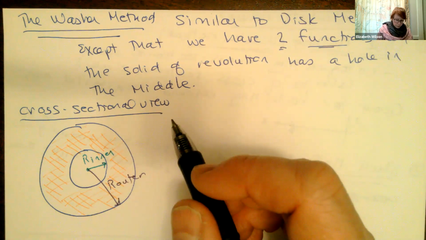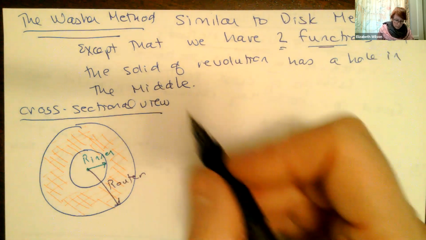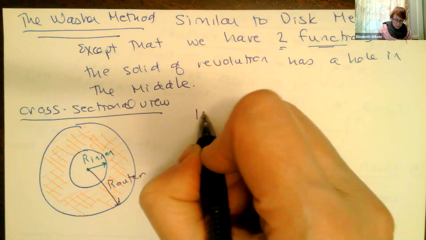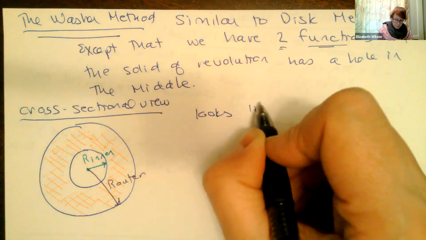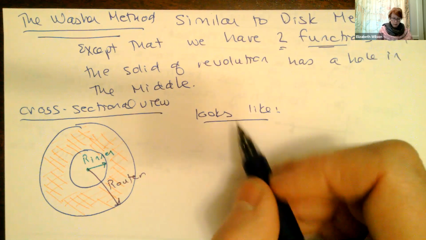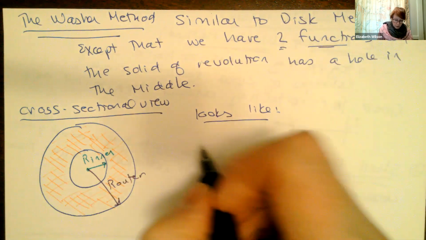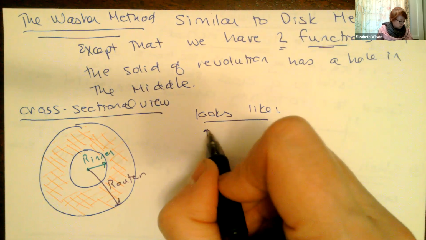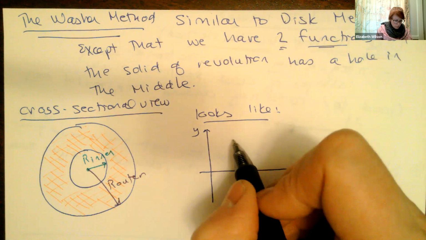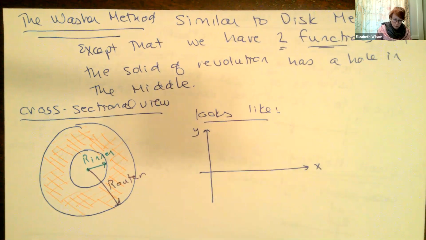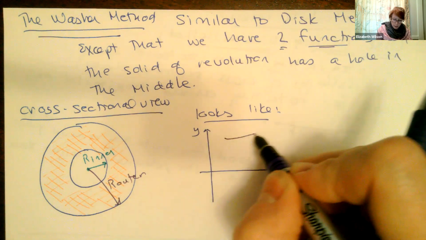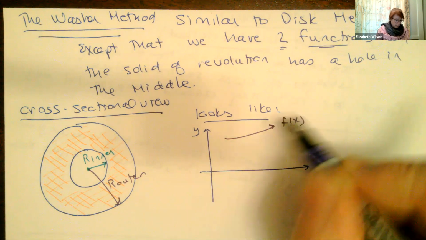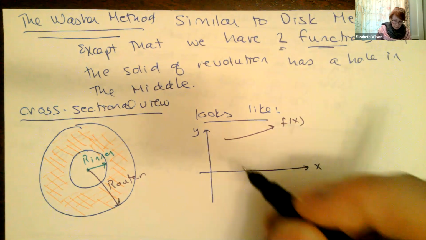Okay, so this is the cross-sectional view. So if I do this in my XY plane, right, I've got, let's see, I'll do my outer function in purple. Here's my f of x, and then my g of x I'll do in green.